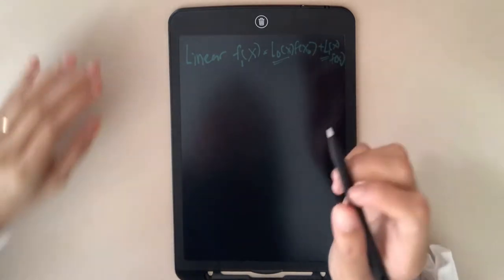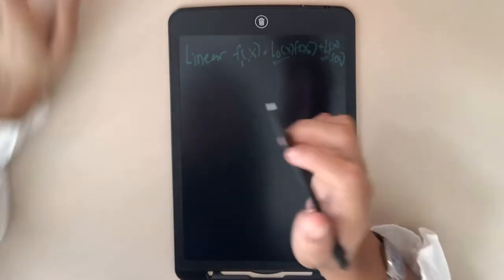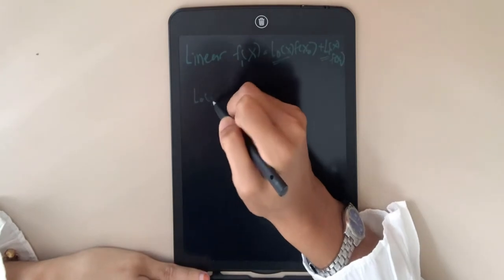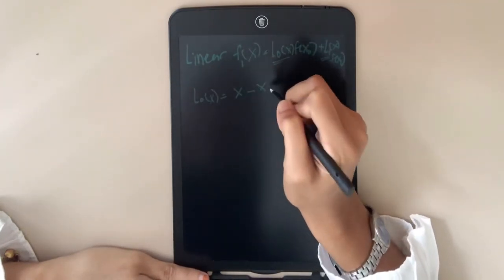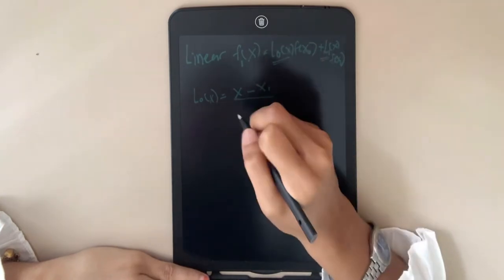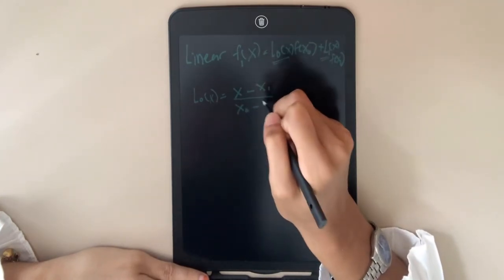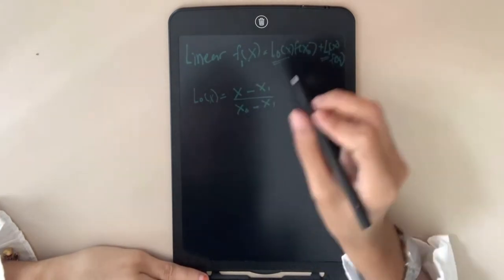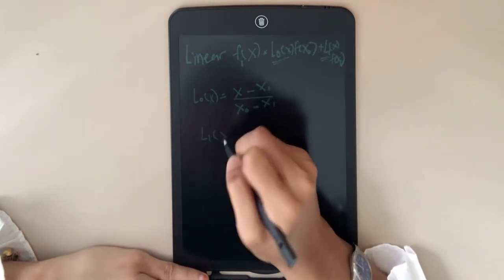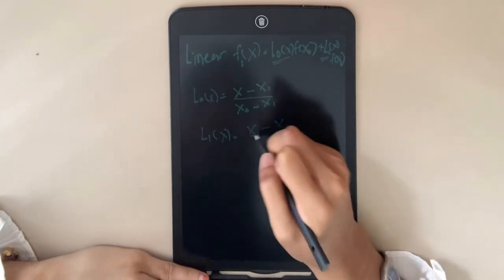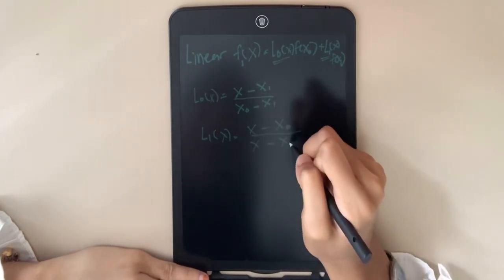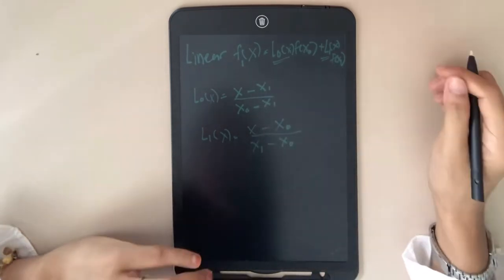So the formula for L0 here is, I'll write down here, x minus x1 over x0 minus x1. And for L1x, x minus x0 over x1 minus x0.